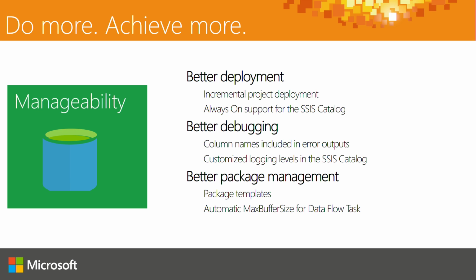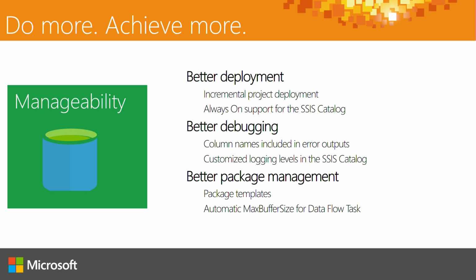In terms of debugging, how many of you here are aware of the error column ID? Okay, now when you talk about the error column ID, you basically will get into frustration because you don't really know what that error column ID is about.